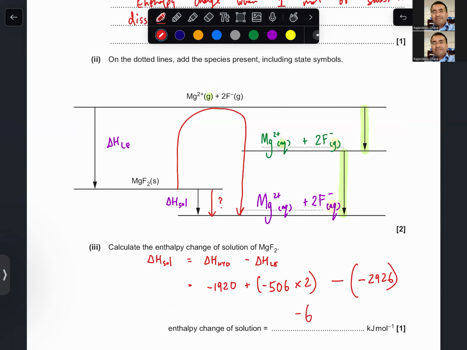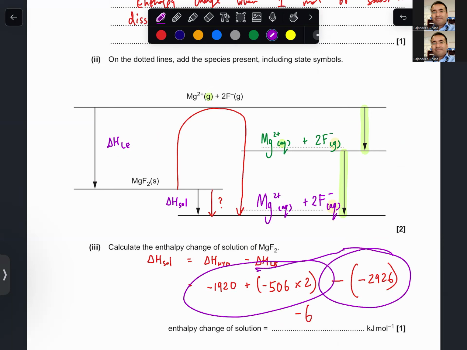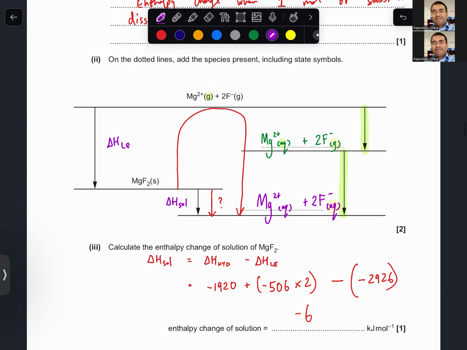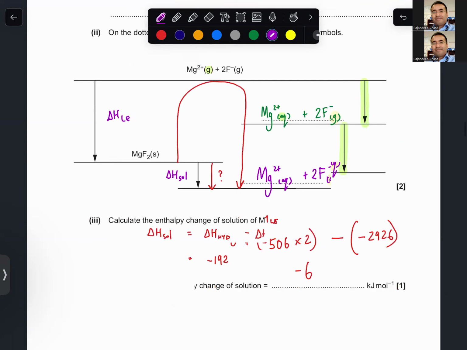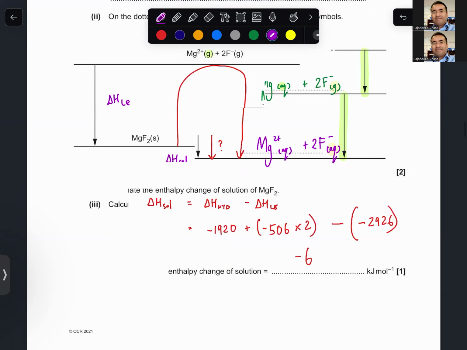And the mark scheme supports that. In the mark scheme, they showed this the other way around. That's why I got a bit worried.